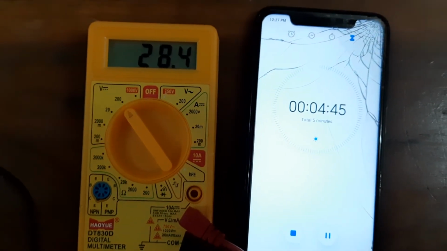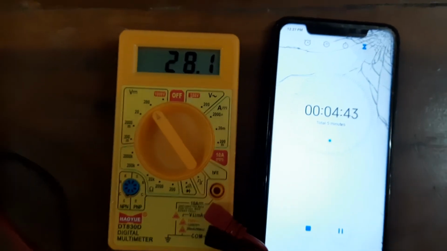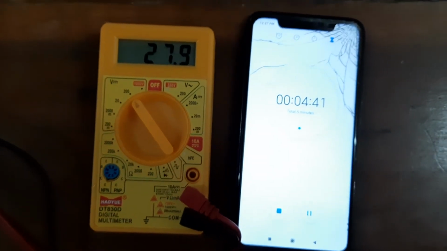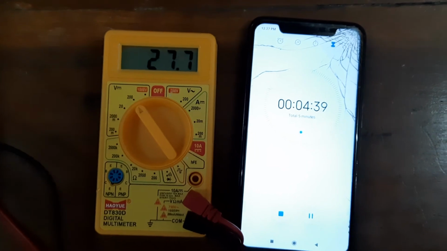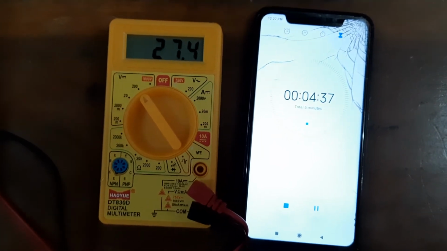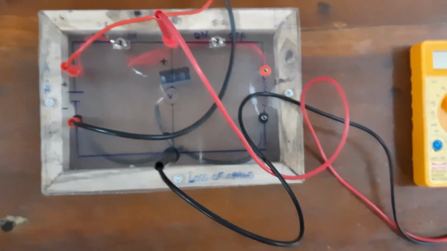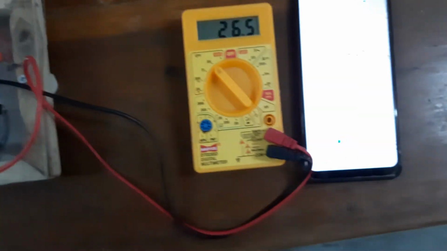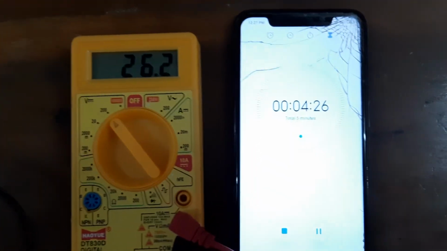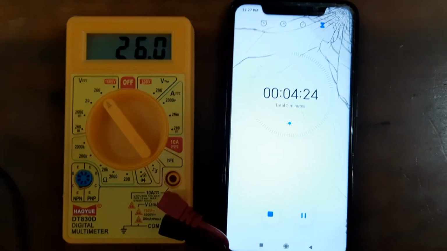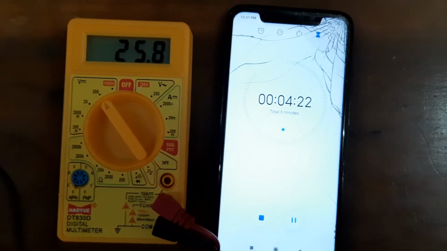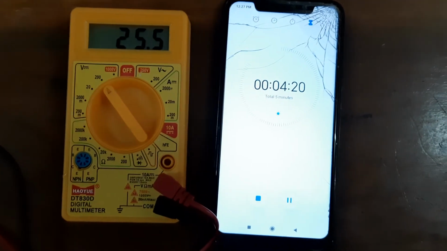Countdown. After every minute we have to note down the voltage across the capacitor. Your multimeter is giving the voltage across the capacitor, as it is connected across the capacitor. At 4 minutes we will see how much voltage we get.